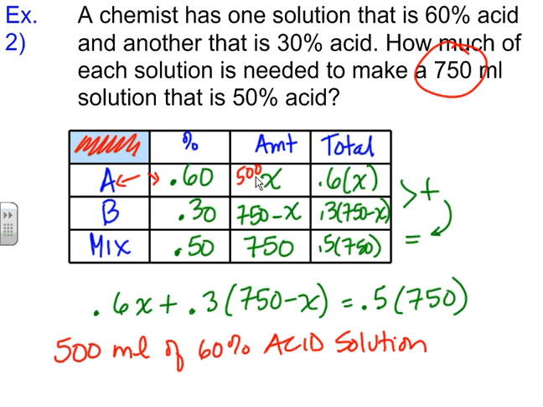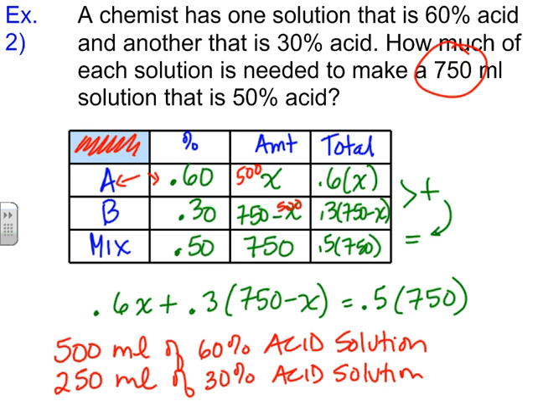And so since this is 750 minus x, it would be 750 minus 500. If we subtract those from each other, we're going to get 250 milliliters of 30% acid solution. And we can see 500 plus 250 is the total amount of 750.